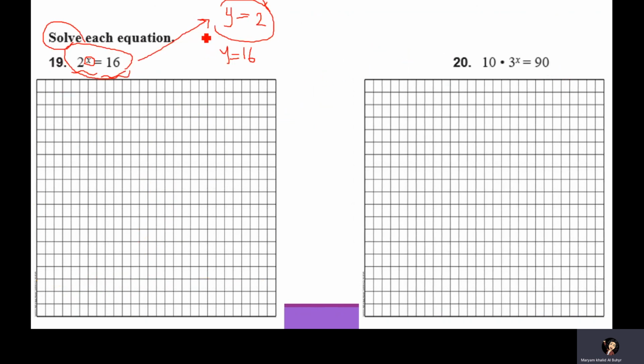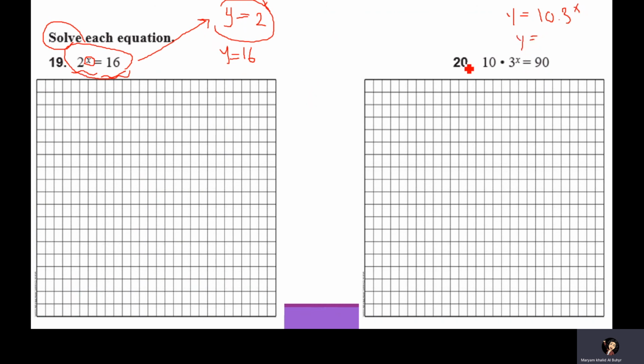But let me tell you, this is not the only way to solve equations like this. I will give you an easier way. See if you like it and if you can use it for Pearson, because it's multiple choice. Now, same thing for this one. Take the exponential part, which is 10 times 3 to the power x, y equals 19.